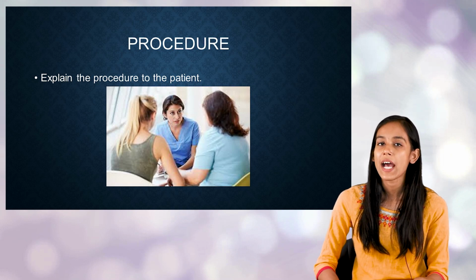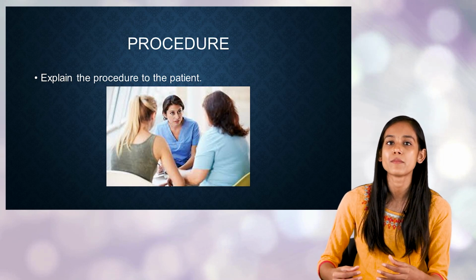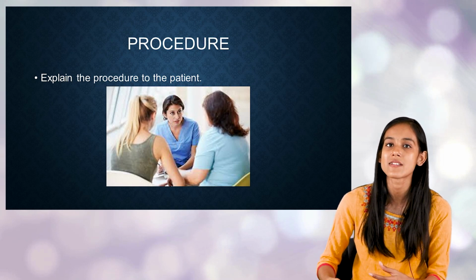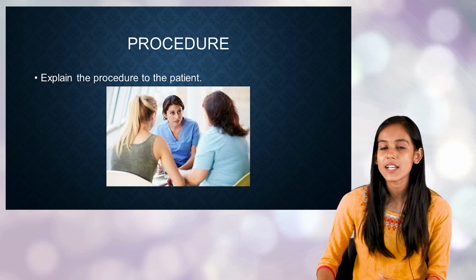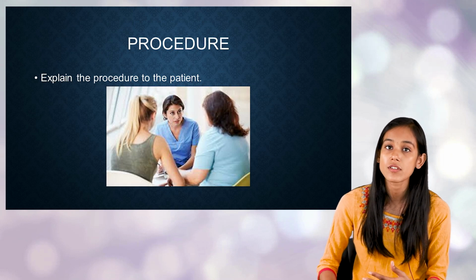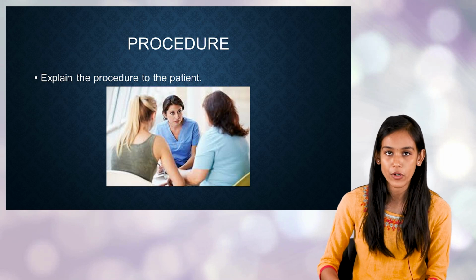But here, as we are dealing with child health and with a client who is a child, in that case we have to explain the procedure to the parents or to the family members, which is very important.